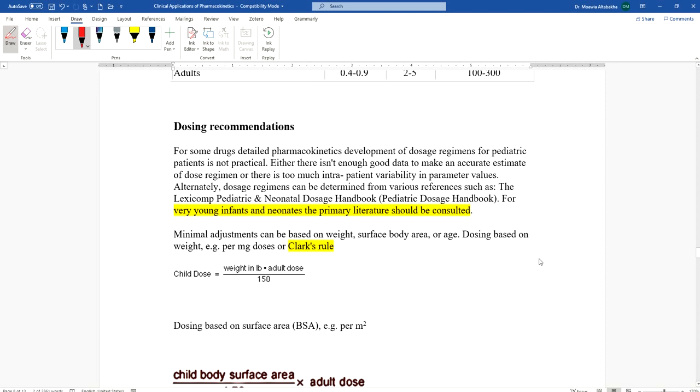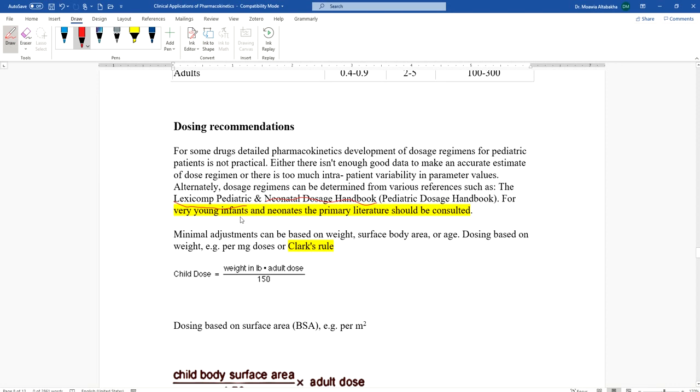To start with dosing recommendations. When we talk about the first year of age, the dosing recommendation should be based on the drug leaflet, or on certain references such as Lexicomp Pediatric, which is also available online, or a handbook called Neonatal Dosage Handbook.